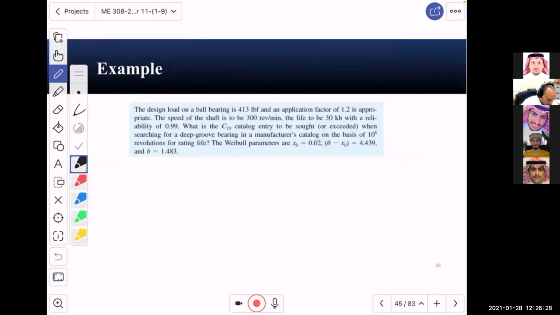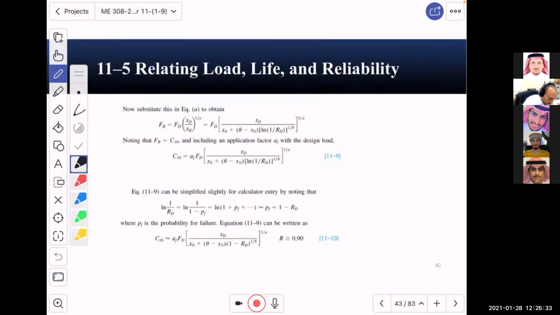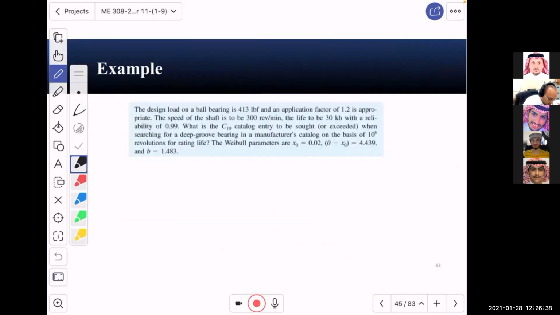When we first had the Weibull distribution, we have been using these values, and they will be used again and again and again, unless, as I told you, some other values are presented. These are supposed to come from the catalog. We're assuming here that we're using a ball bearing, so the catalog values for those bearings are the same. Okay, thank you.